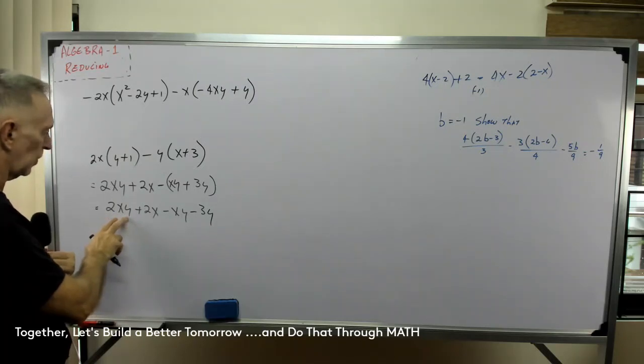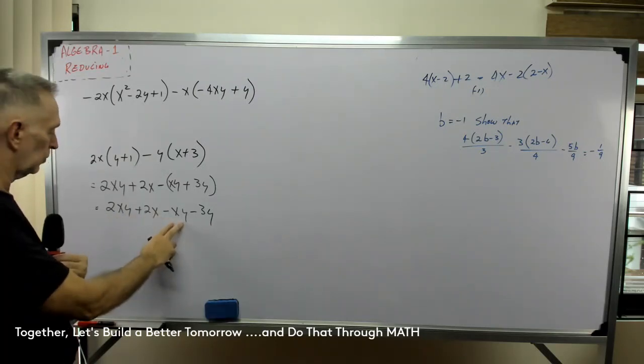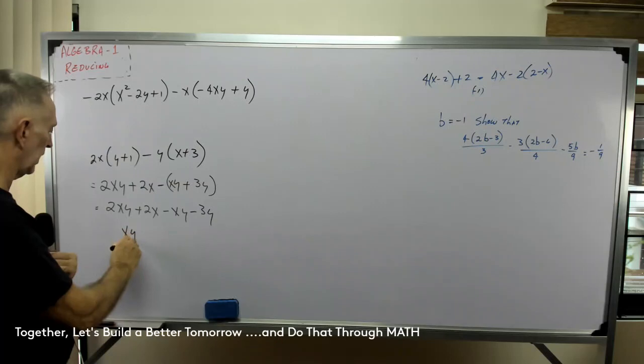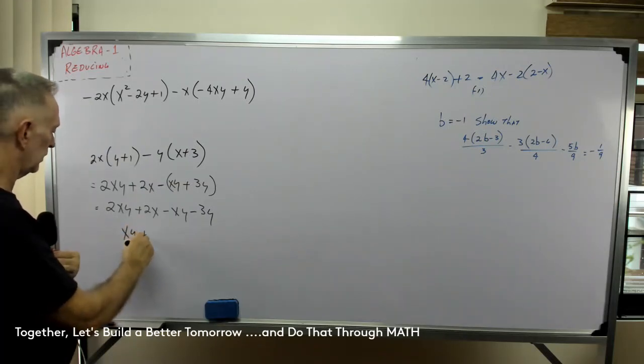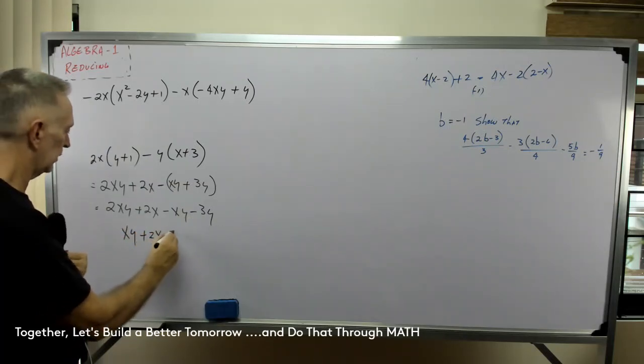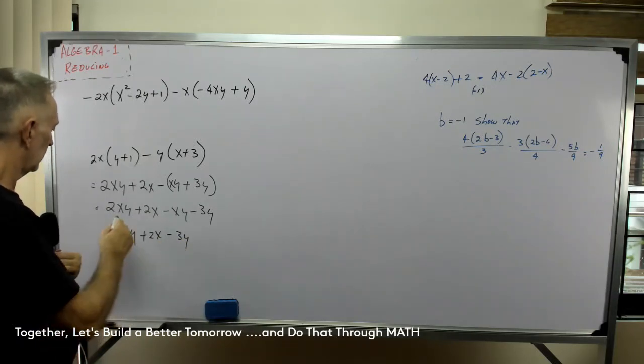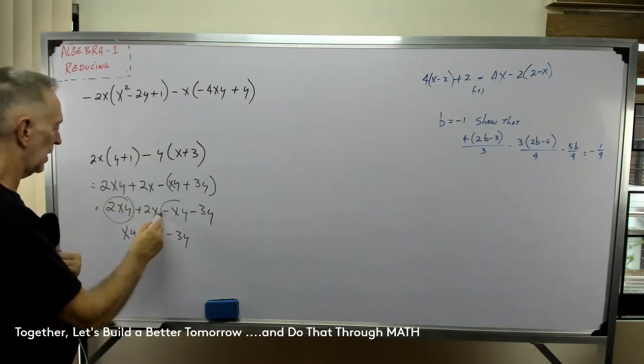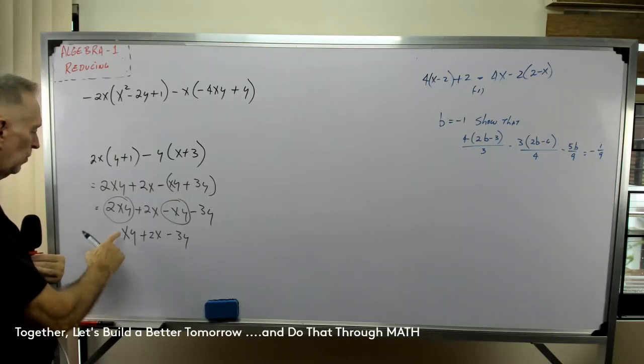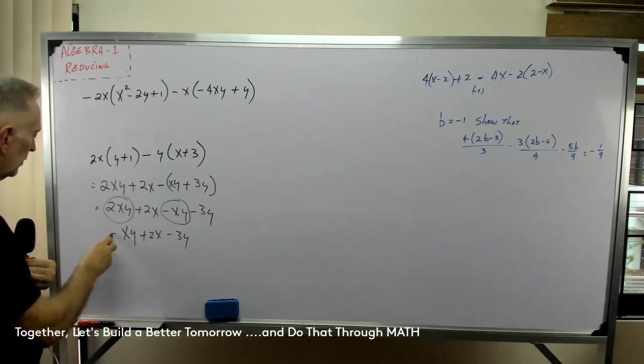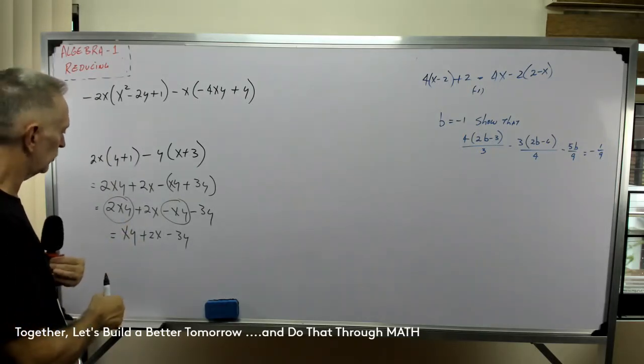I have 2xy minus 1xy, which would leave me 1xy plus 2x minus 3y. So that would be as far as I could reduce that.